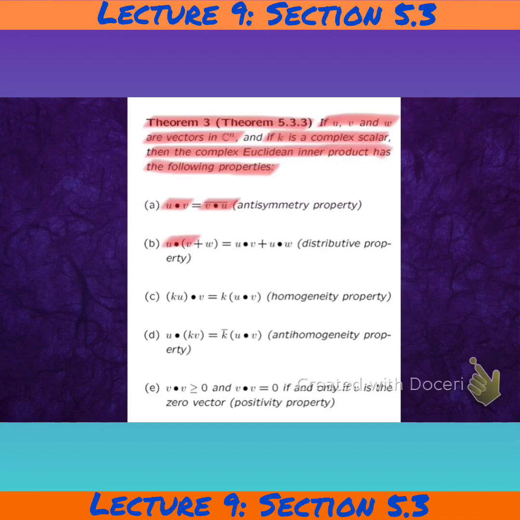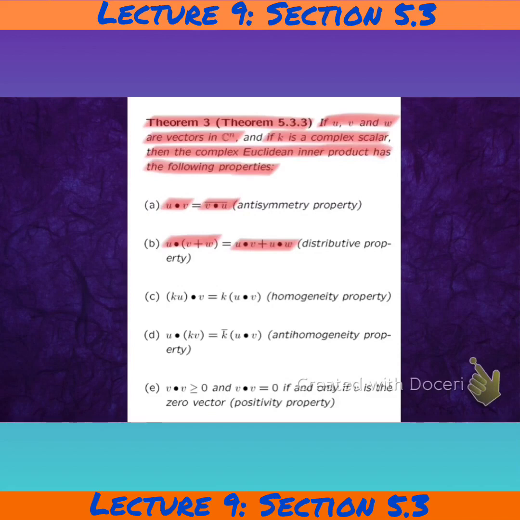Also, in terms of this complex Euclidean inner product, the distributive property holds. If you've got a sum of two vectors and you take the inner product with vector u, it's the same as taking the inner product with each vector in the sum individually and then adding them together.